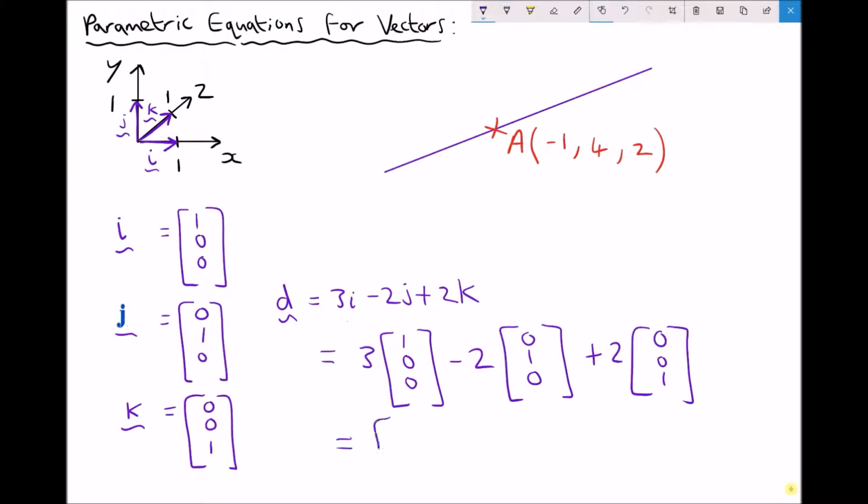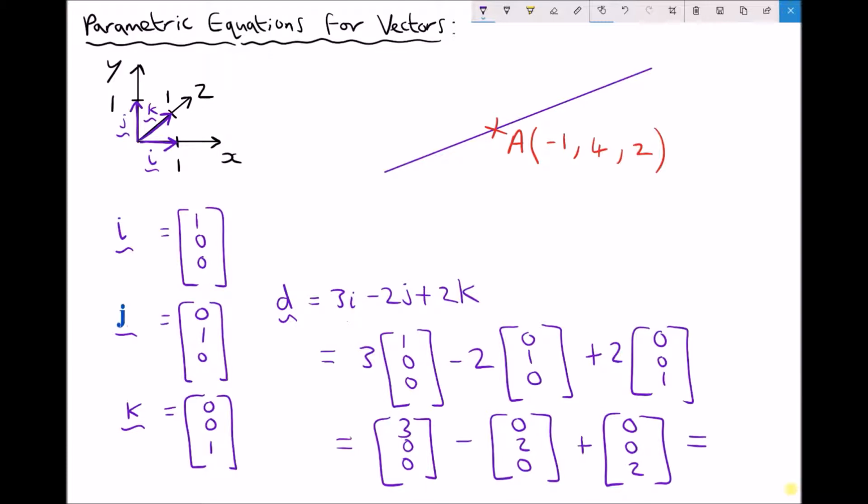So our next step is to multiply each of those components by the scalars. Our first vector would become 3, 0, 0, or 3 times the x component of 1, minus 2 times 0, 1, 0, which would give us minus 0, 2, 0, and plus 2 times our final vector of 0, 0, 1, which is just 0, 0, 2.